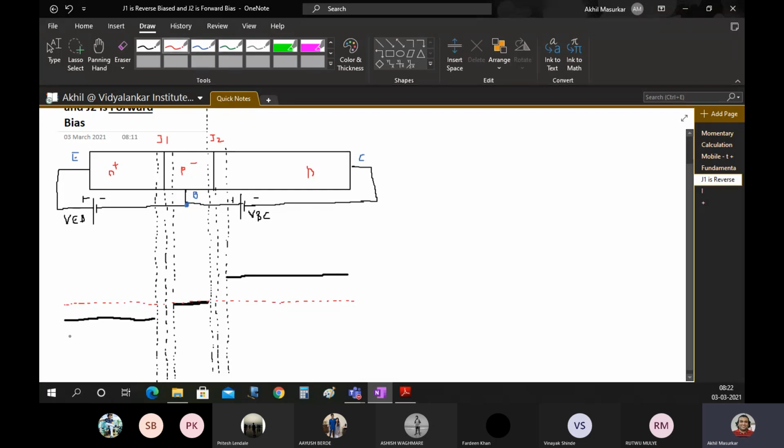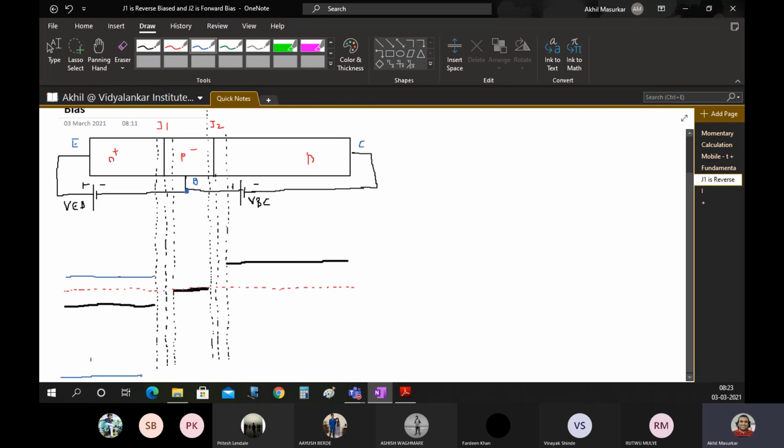Here this is N, so conduction will be close to the Fermi level, and you just show this a little bit far.